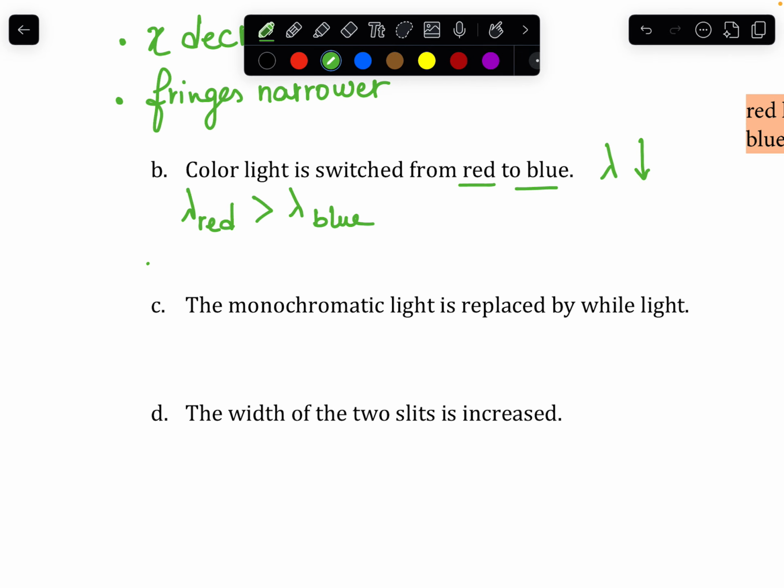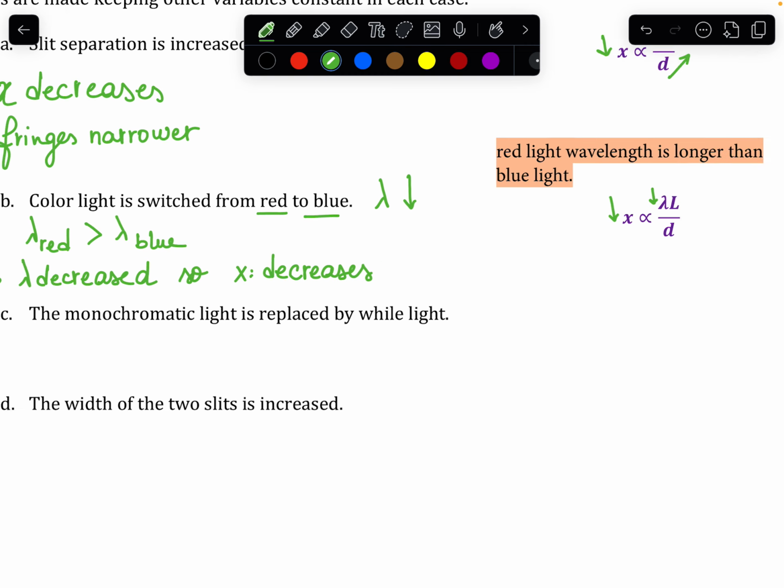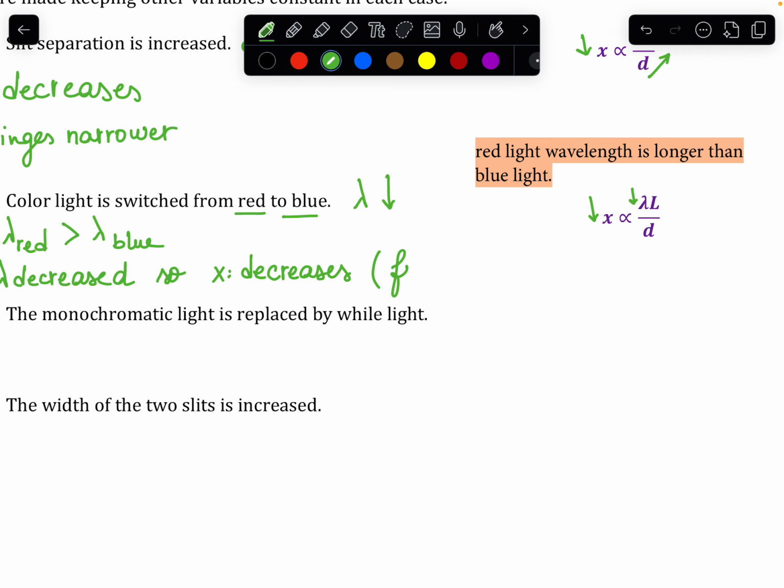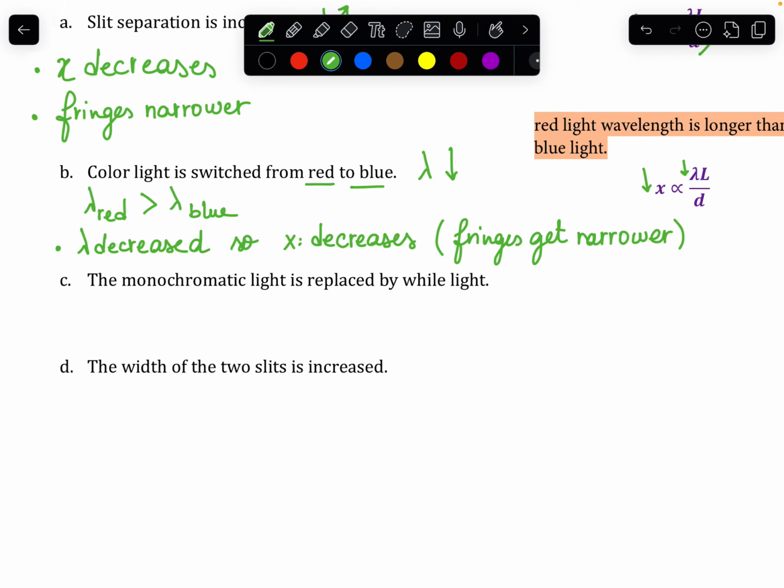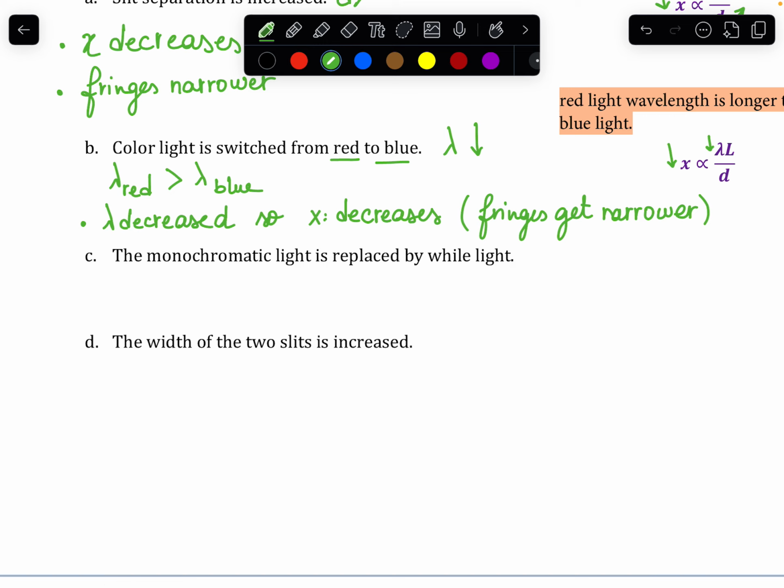So lambda decreased, so the spacing also decreases. This means that the fringes get narrower, closer to each other, or anything that expresses the same idea.